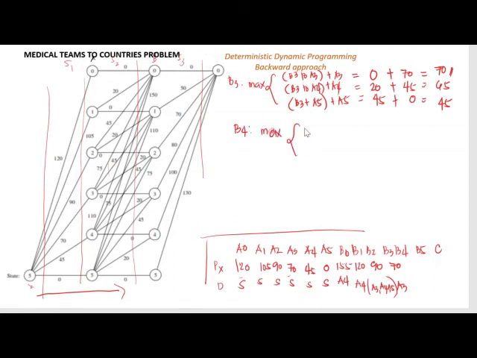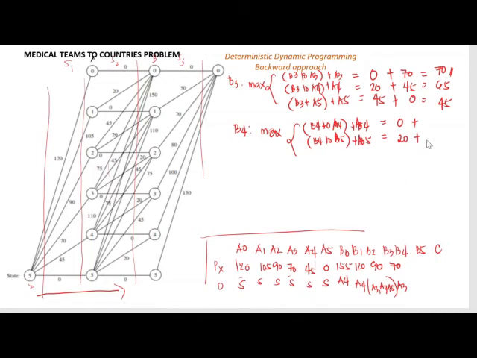Maximum of the connections of B4. So, B4 to A4 plus A4, B4 to A5 plus A5. Getting the numerical values, 0 and 20. Plus A4, sorry, A actually. Wow, I've been writing all A's and B's.